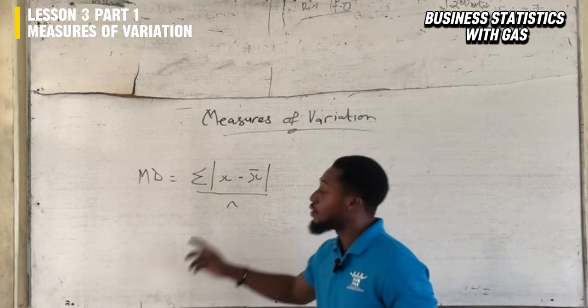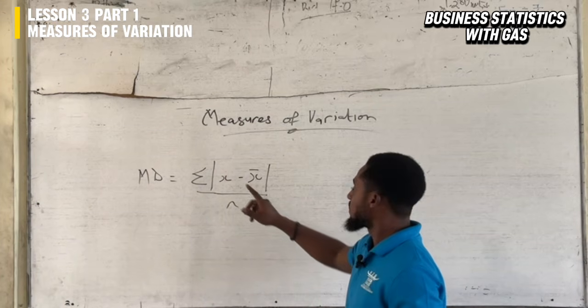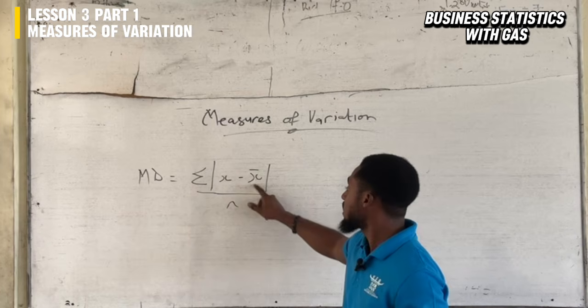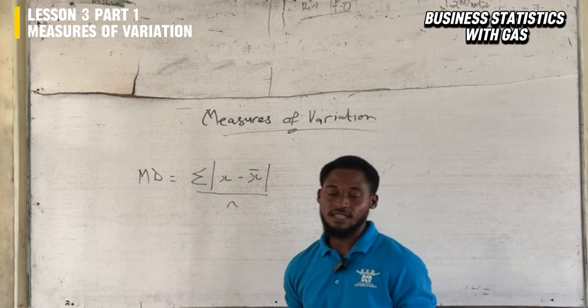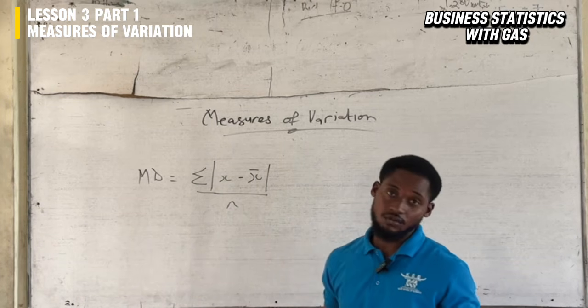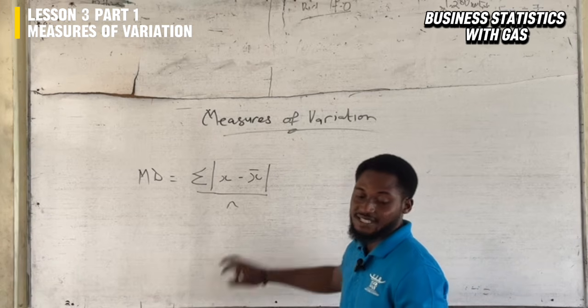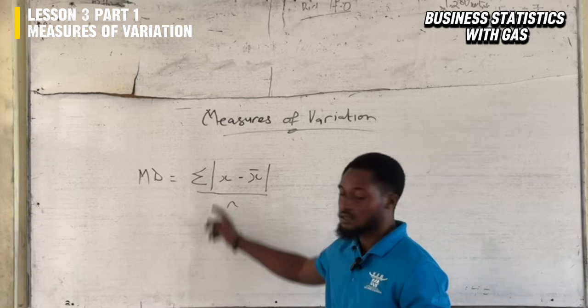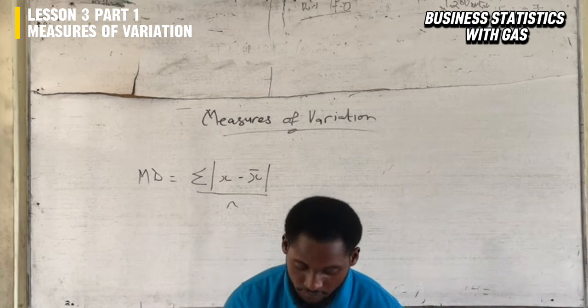The x is the value of each observation, x bar is the arithmetic mean of the values, which you know how to calculate, and n is the number of observations. This stroke is the absolute value.